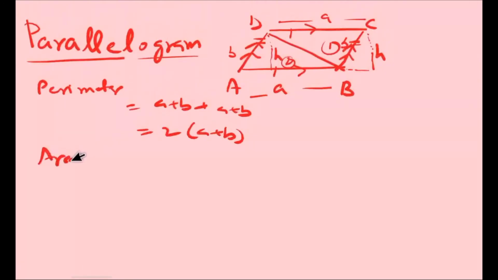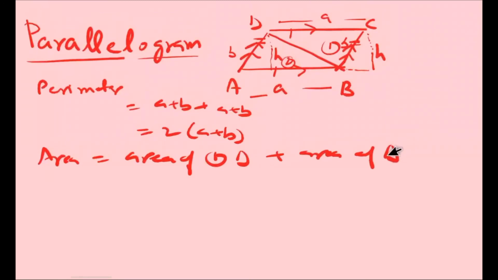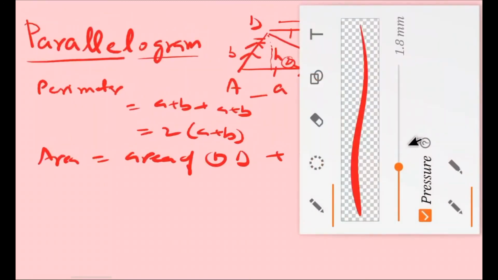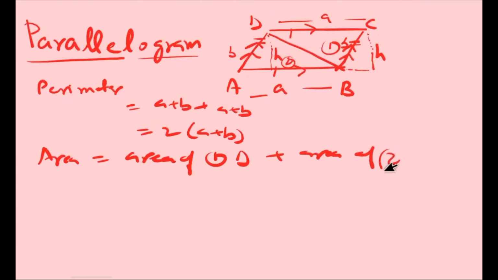Area equals area of first triangle plus area of second triangle. Now half, the base is A, height is H, and here also half, base is A, height is outside.